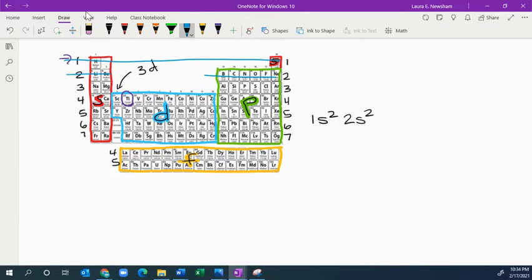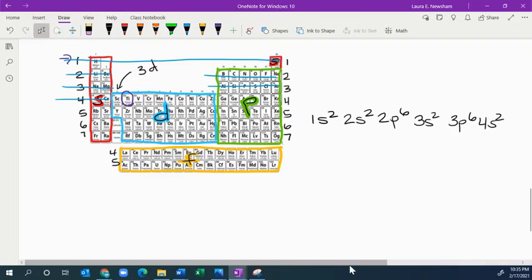Then go all the way through here, and I have 2p6, 3s2, 3p6. And all I'm doing is going through, counting 1, 2, 3, 4, 5, 6. Still haven't found good old titanium. 4s2. I'm going to run out of room.